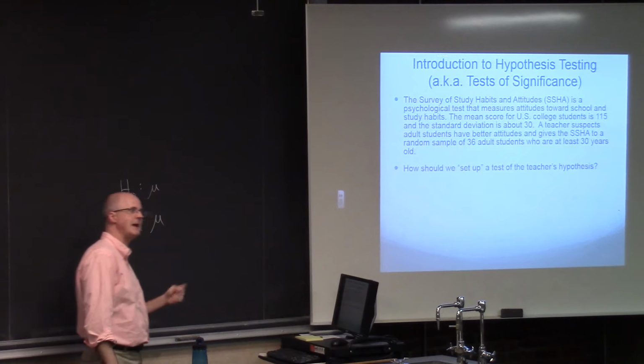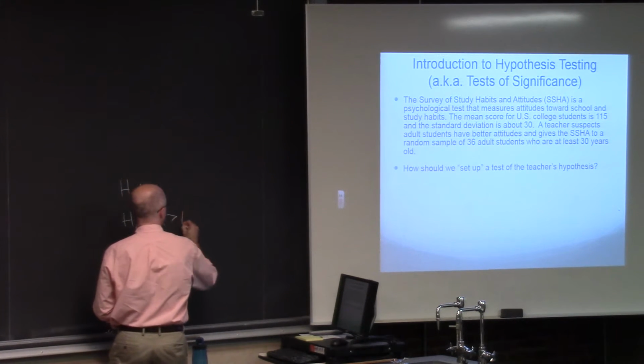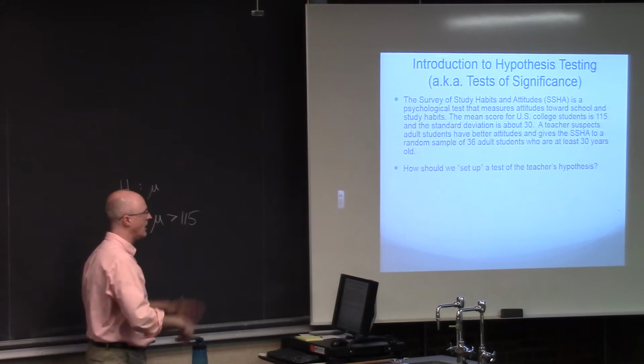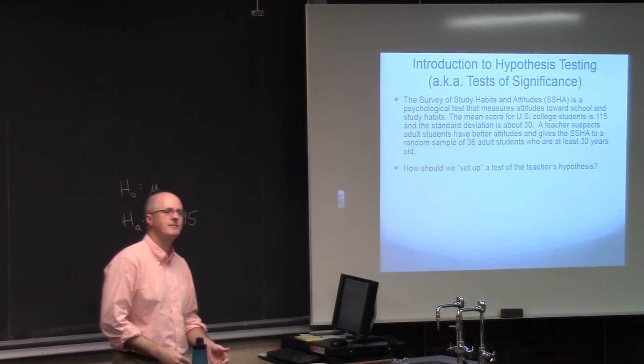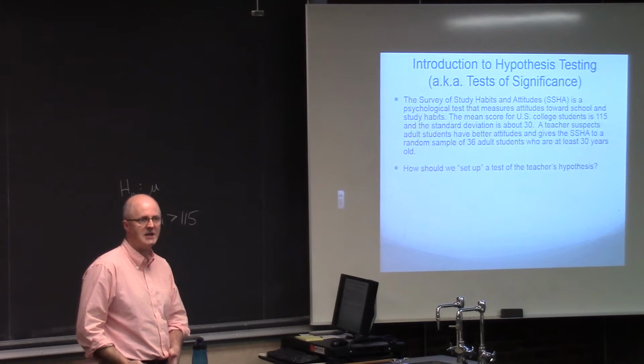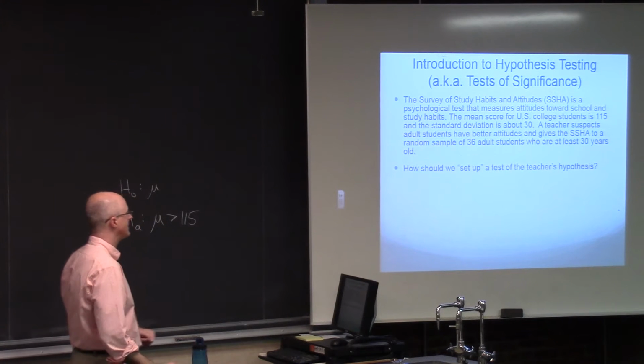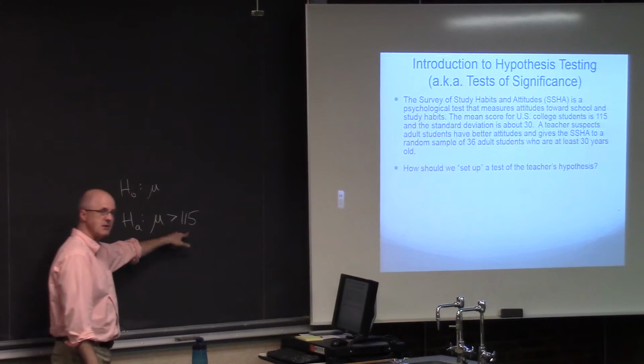She thinks their mean score will be bigger than 115, bigger than the claimed mean score for all students, evidently traditional college age 18 to 22 and older. She thinks the adult students have a higher mean score.